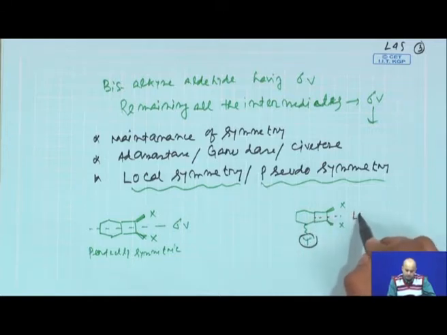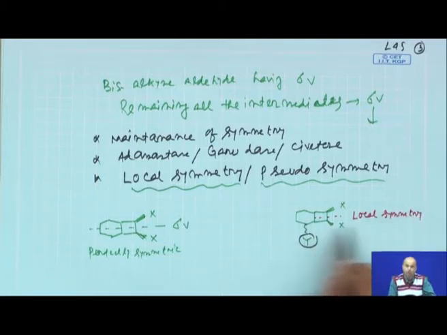So, now this is called local symmetry. The cyclobutane part which has the symmetry is called local symmetry. Eventually, the presence of Y is basically the main disturbing factor. So, from a perfectly symmetrical molecule, now you can call it a pseudo symmetry or pseudo symmetric molecule.